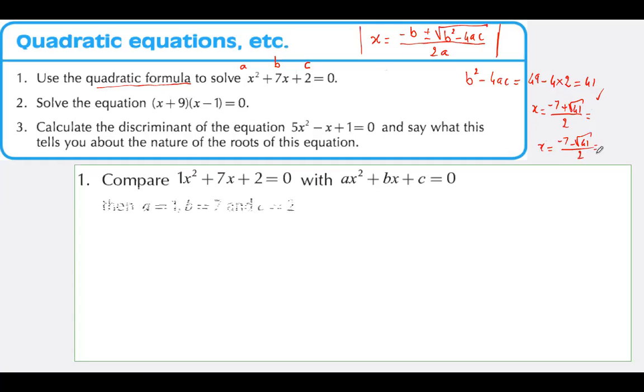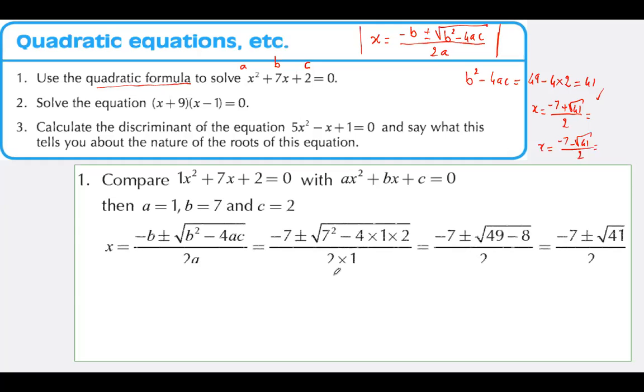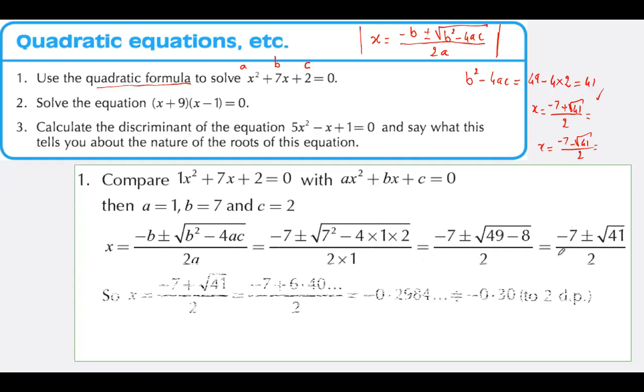So let's see how they give that. So a equals 1, b equals 7. So minus 7 plus and minus root 41. So negative 0.2984. They've given it to 2 decimal places. Sometimes you see that written, it means they've rounded it, but you need to say to how many.